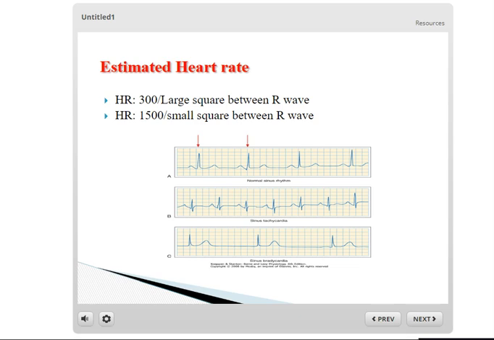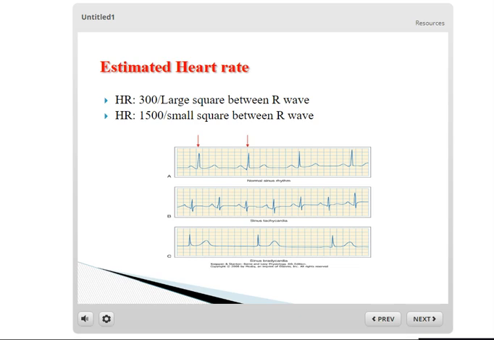For example, if there are 4 large squares between R waves, the heart rate equals 300 divided by 4, which equals 75 beats per minute.